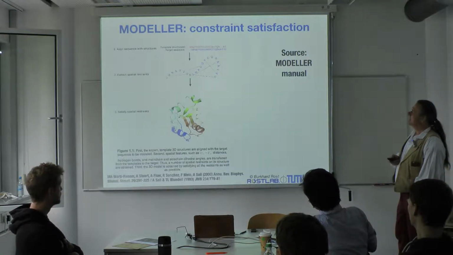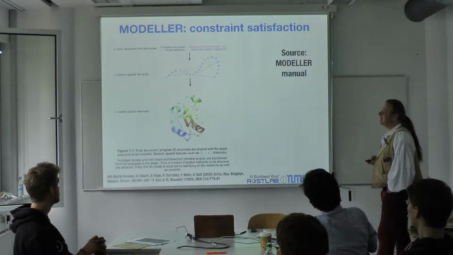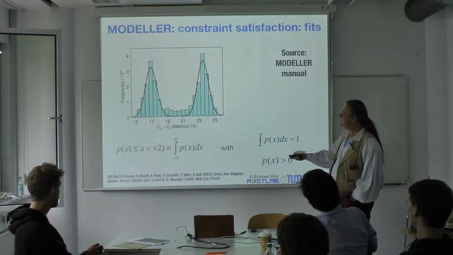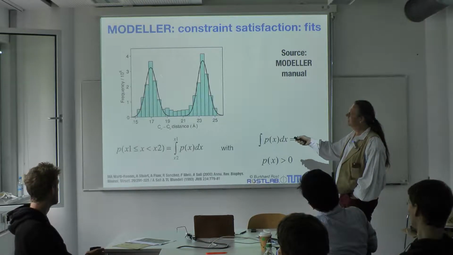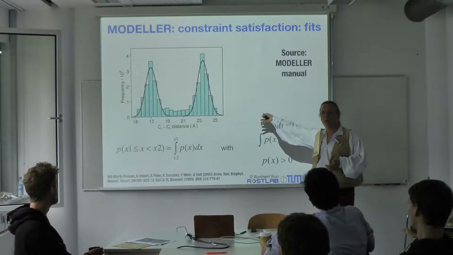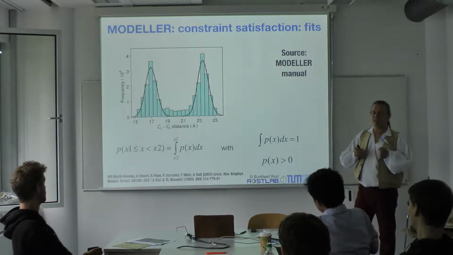It's CPU costly. So one simple criterion for energy is constraint satisfaction, and the simplest one is this one here, the C alpha distance. So that essentially is the observed data, and you try to simply put your model into this observation. And that's the simplest energy.